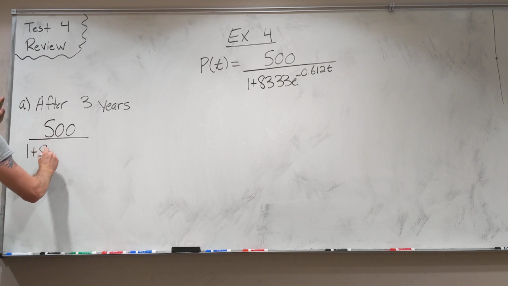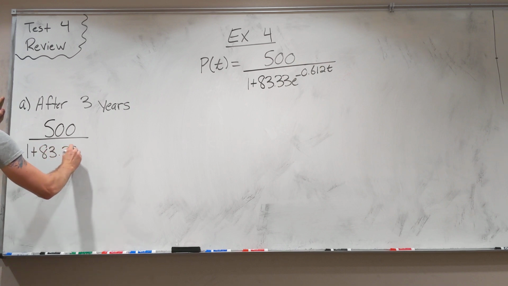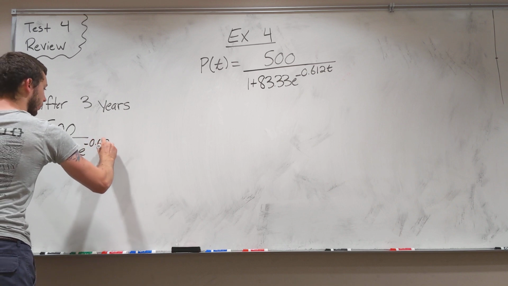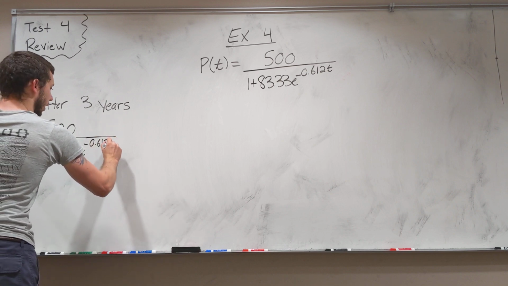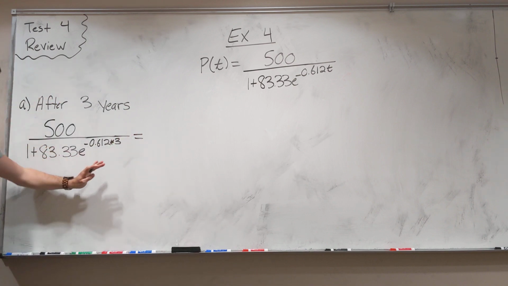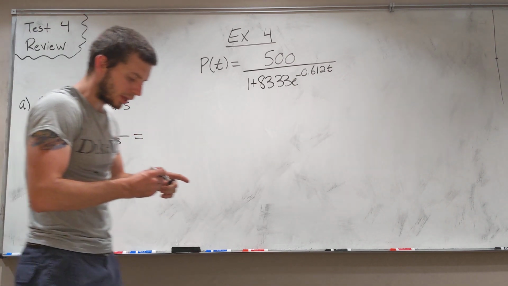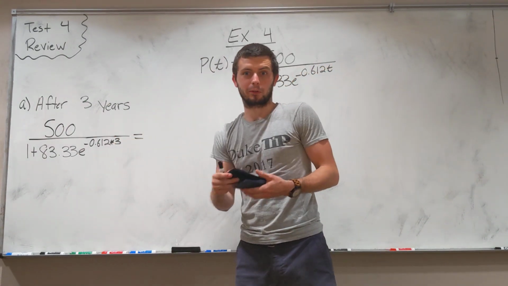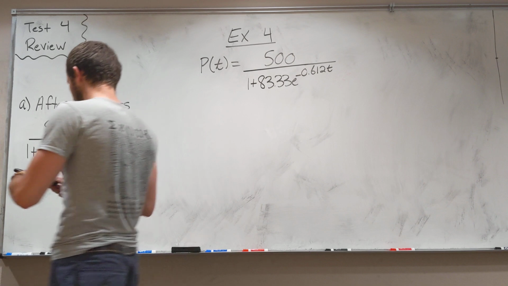So all we're doing is 500 over 1 plus 83.33 e raised to the negative 0.612, all of that times 3. And as I mentioned, this is part A, it's manageable, just tedious. This is all calculator work. There's nothing to solve for in this part.